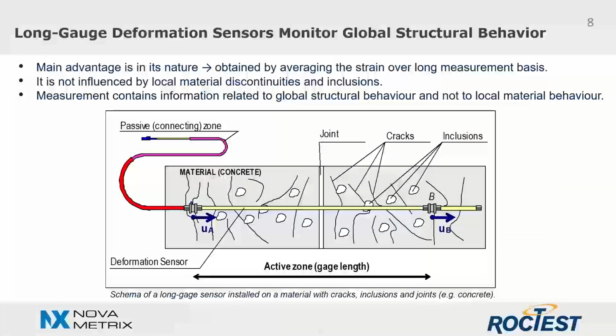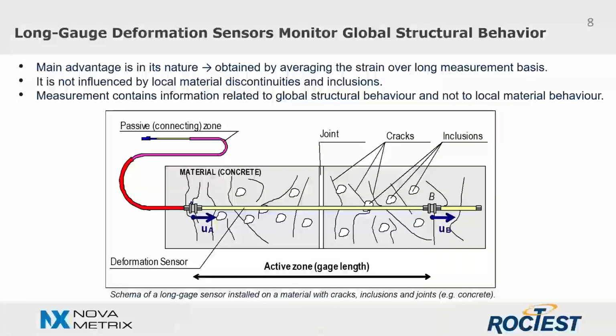The main advantage of using long gauge deformation sensors is given by the averaging of the strain over a long measurement basis. Long gauge sensors are not influenced by local material discontinuities, such as cracks, joints, hair pockets, and inclusions that are typical of concrete.